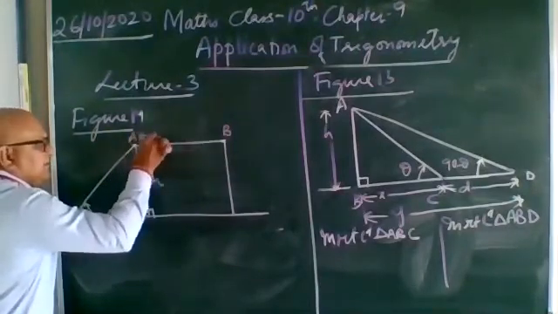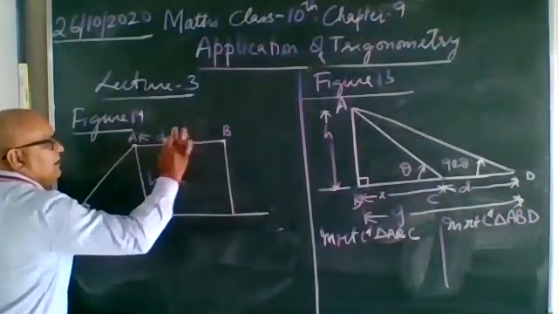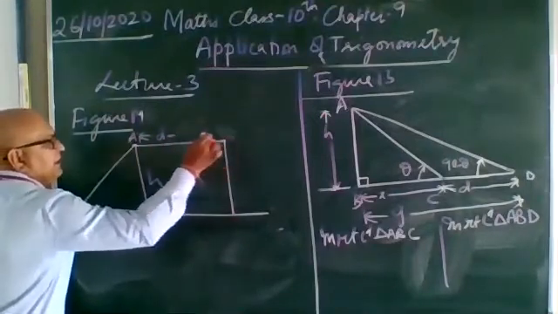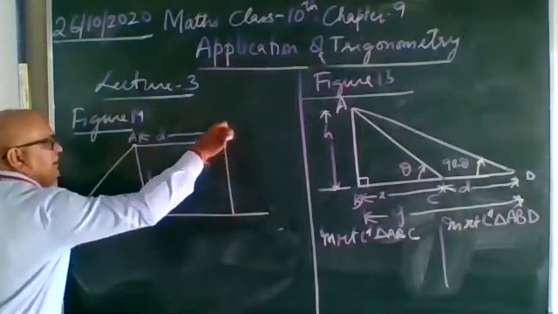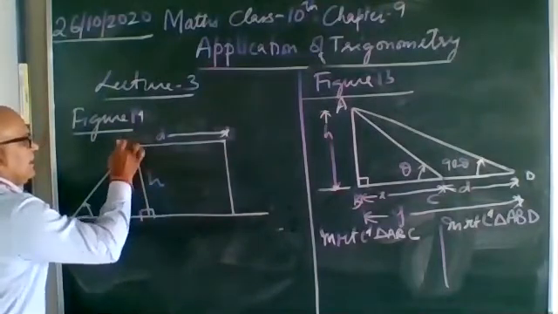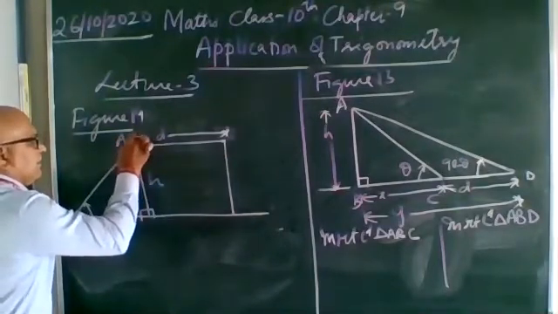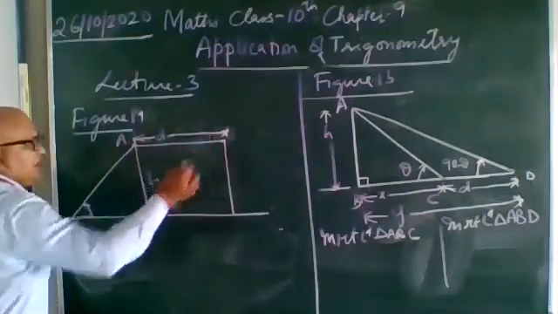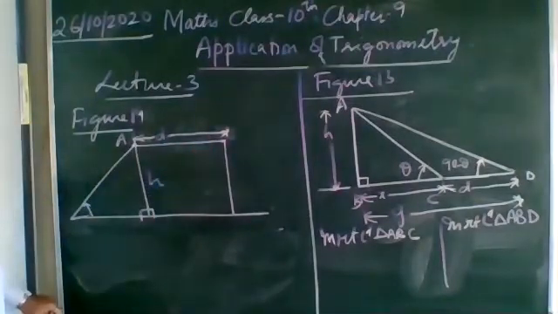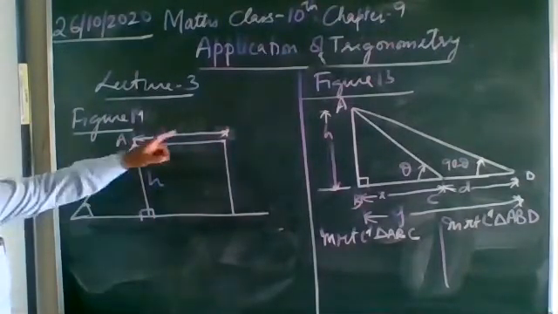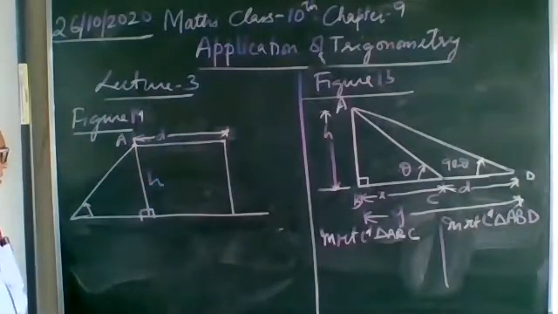This is D, the distance traveled. Now you know the time: the jet plane takes 10 seconds from position A to B. So the speed of the jet plane you can take as x kilometer per hour, or a kilometer per hour.